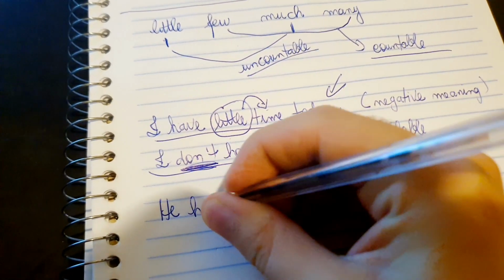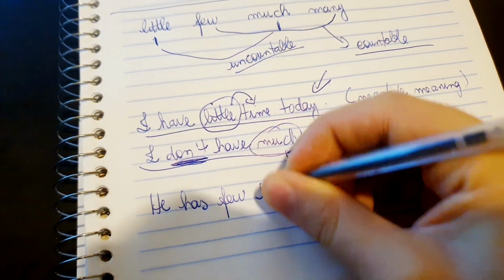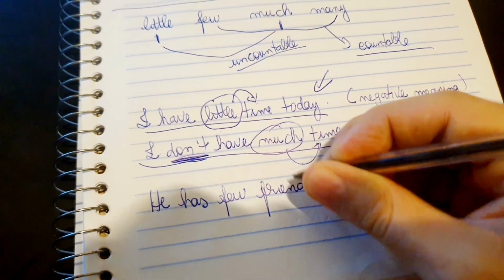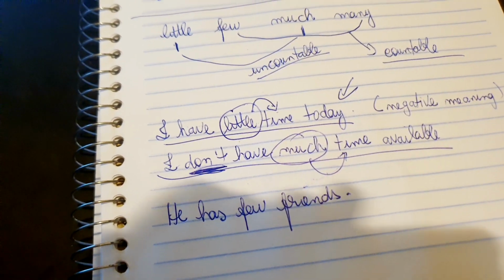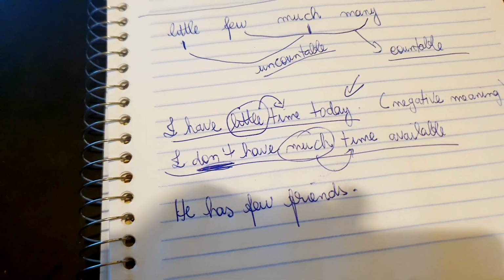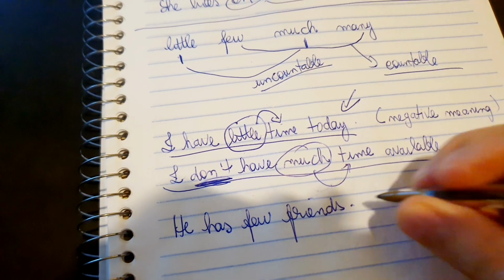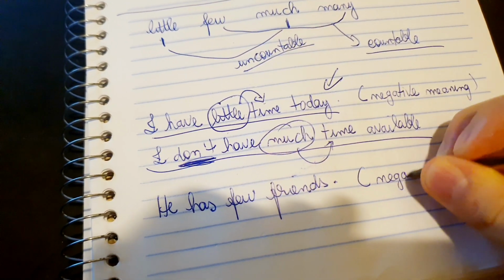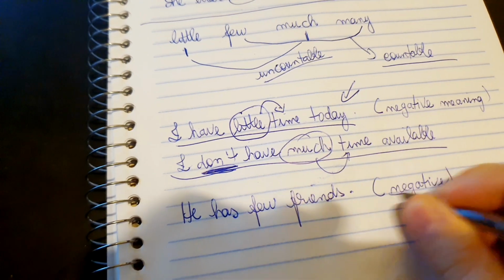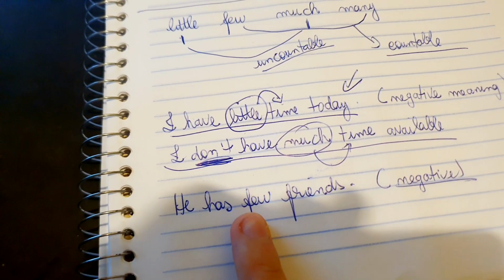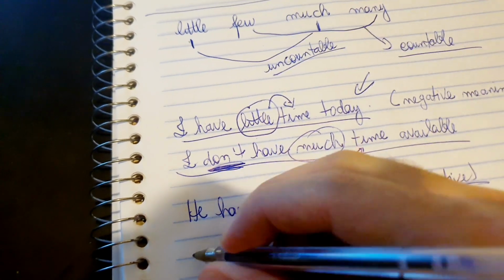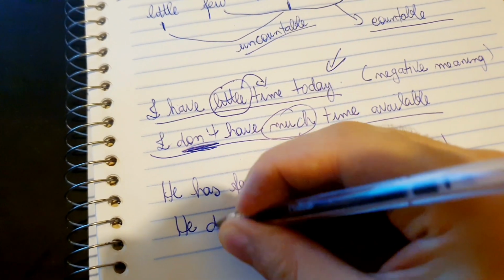He has few friends. When you say somebody has few friends, the meaning here is negative also. In this sentence, it's negative. It means that he doesn't have many friends.